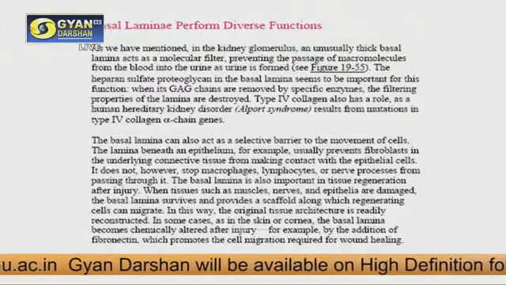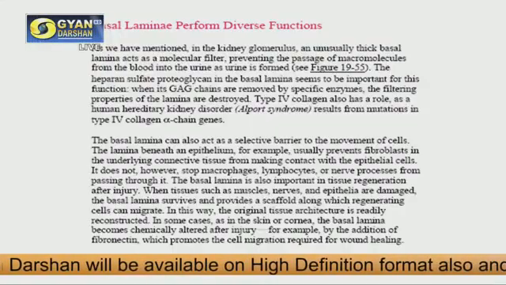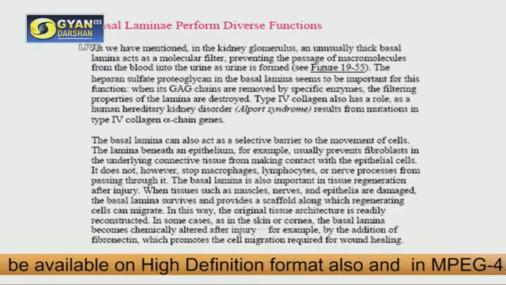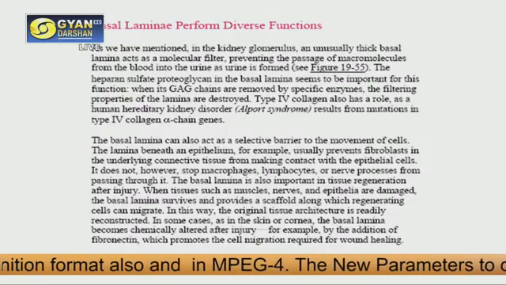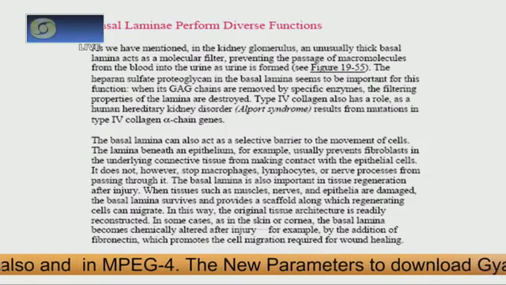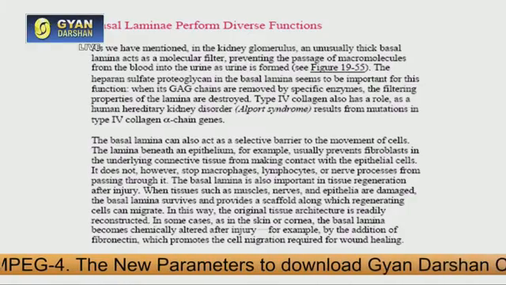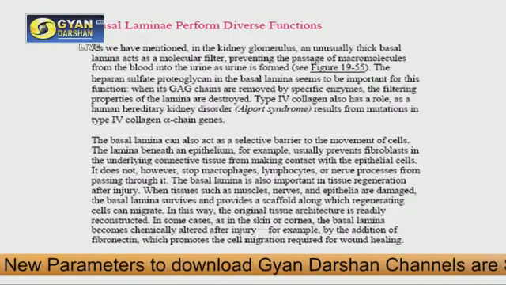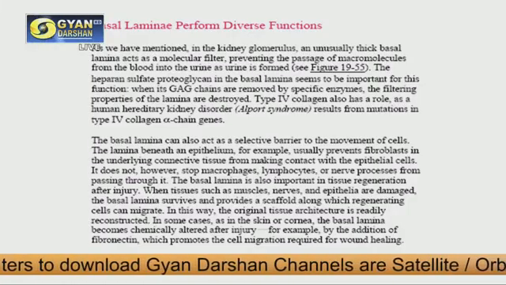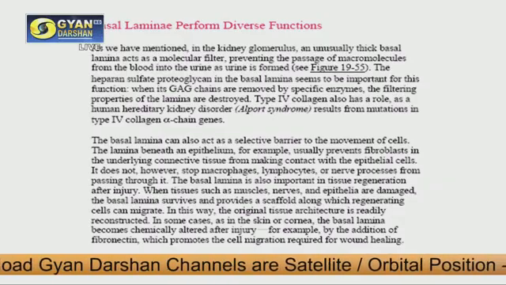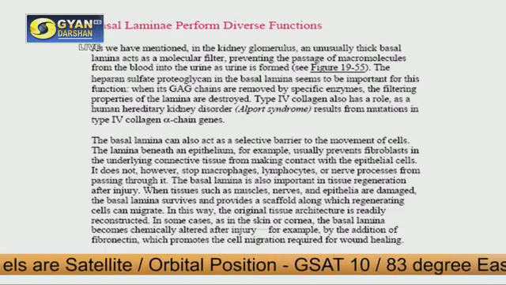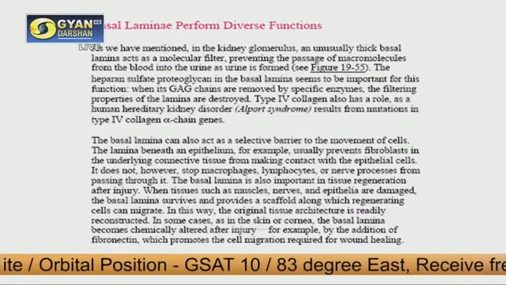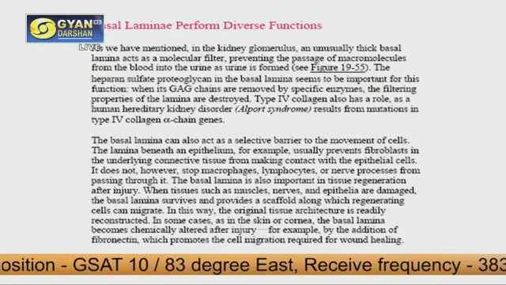Then there is one kidney disorder, that is Alport syndrome. What is this Alport syndrome? It is a human hereditary kidney disorder. In this case, type 4 collagen also has a role, as this disorder results from mutation in type 4 collagen alpha chain genes.